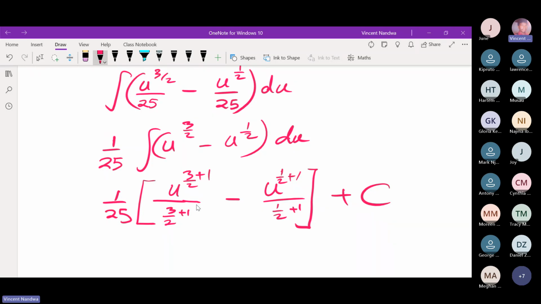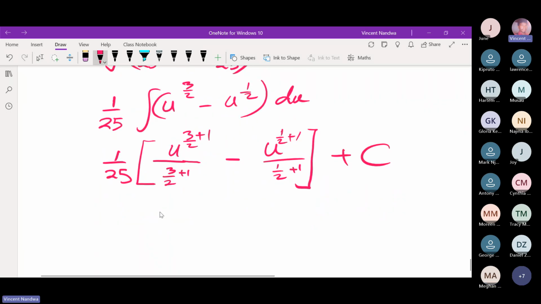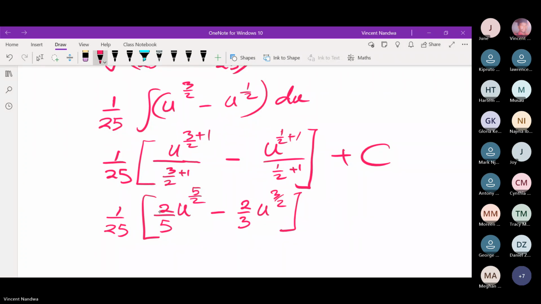What is the reciprocal of 5 over 2? 2 over 5. We have 1 over 25 times 2 over 5 u to the power 5 over 2. And then the reciprocal of 3 over 2 is 2 over 3, and then u to the power 3 over 2, then plus c.